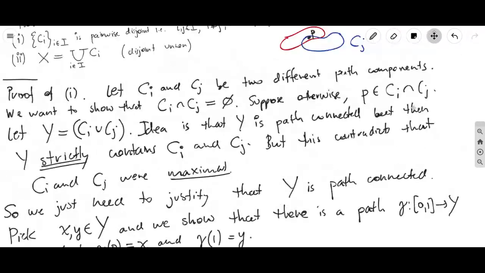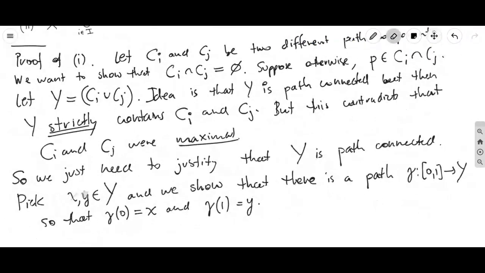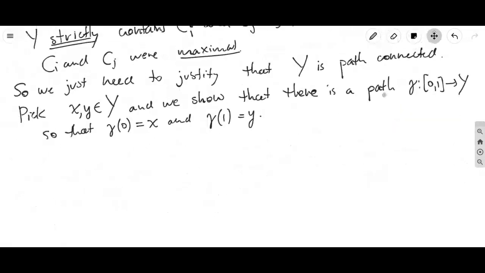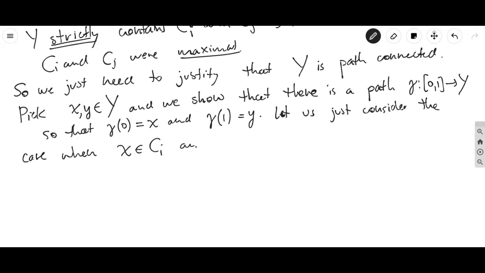Now, because Y is a union of these two, when you're picking X and Y, the X and Y is coming either from that one or that one. So there's cases to consider. So let's just consider the case when X is from Ci and Y is from Cj.